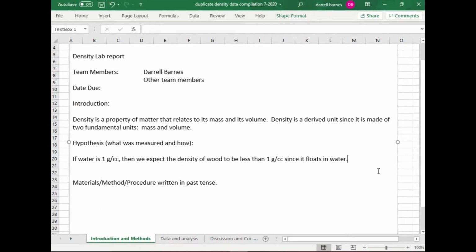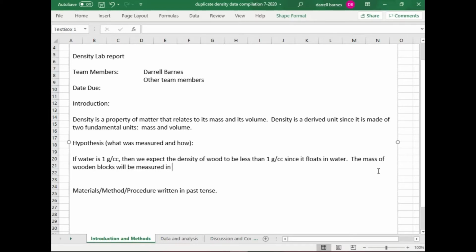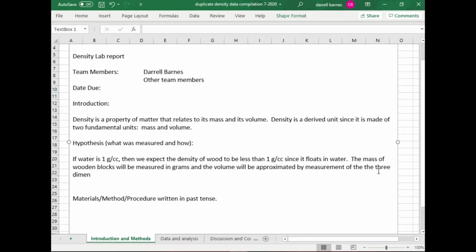Okay, let's say that for beginners, we probably will want to brush this hypothesis up as we go along, but we want to say that the mass of wooden blocks will be measured in grams, and the volume will be approximated by measurement of the 3 dimensions of volume, which is height, width, and depth.